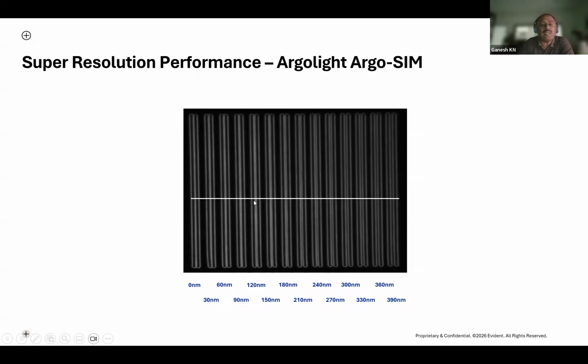Suppose I'm using a conventional confocal microscope, I will be resolving somewhere between 240 to 250 nanometer, where I can clearly see a dark line between these two, demarcating this line from this one. But if you go to less than 180 nanometer, you won't be able to resolve anything with a conventional confocal microscope.